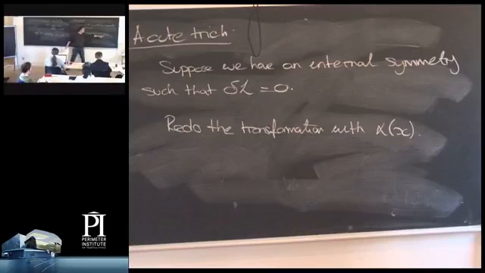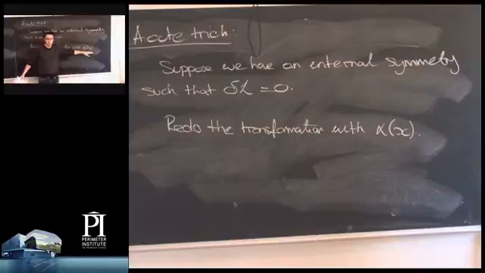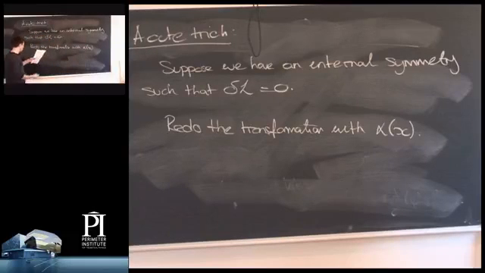Well, this is no longer going to be a symmetry. And in general, delta L is going to change. But it's got to change in a way such that when alpha is constant, delta L is equal to 0. How can that be? Well, delta L must be proportional to the derivative of alpha.